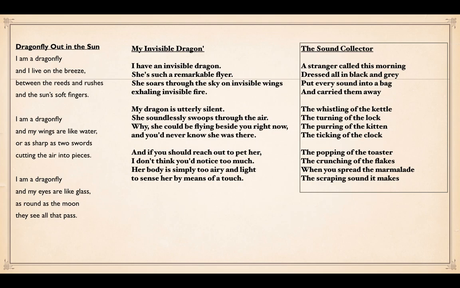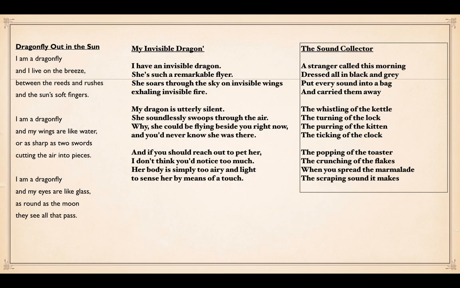And I've read some of your poems and I forgot to get them out to read the poems to you, but I will definitely do it on Monday morning. So My Invisible Dragon, did you like that style of poetry? And then on Tuesday we had The Sound Collector, and lots of people went around collecting sounds and then wrote their poem.